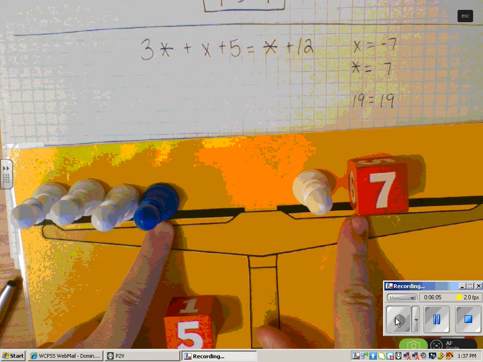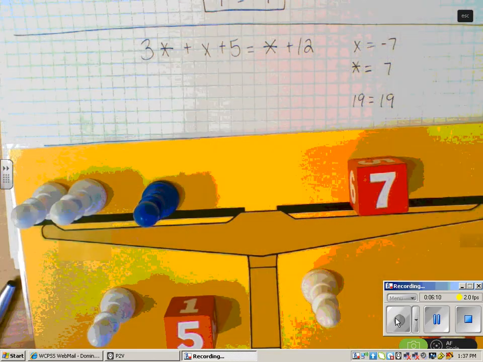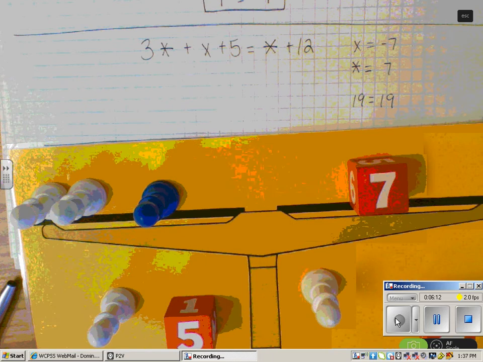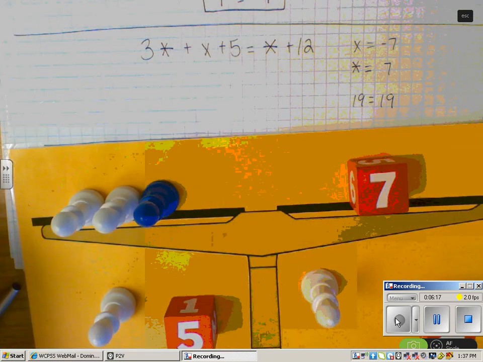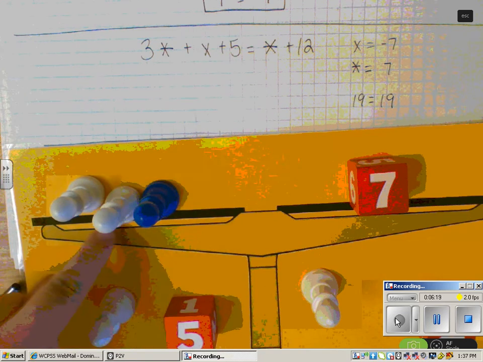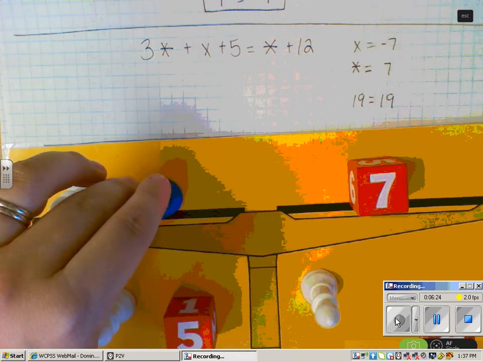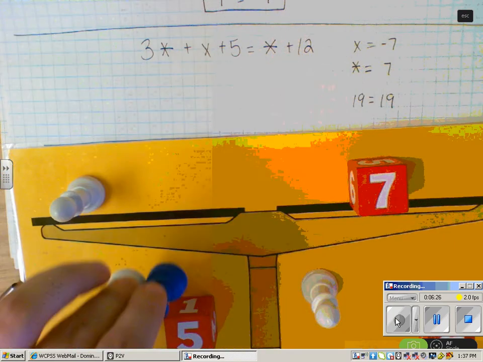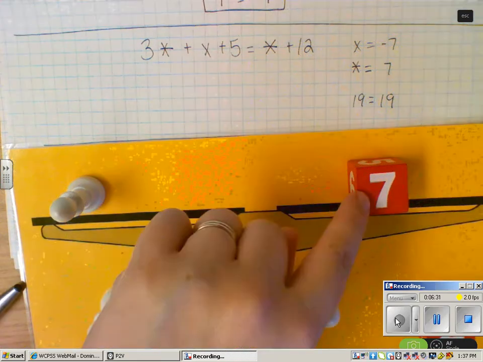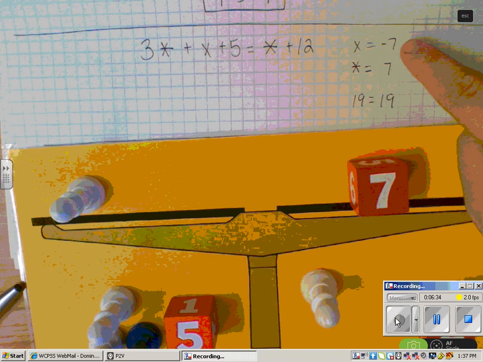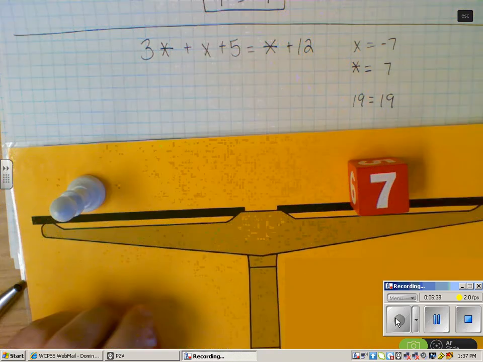So I have to think about how I'm going to get rid of this star. Well, I could just do a legal move like that, but I'm then left with 2 stars and an x over here. Remember that star plus x equals 0. So I can just remove that from this side, and I'm left with star equals 7. And if star is 7, then x is -7. Okay, this is the first problem.